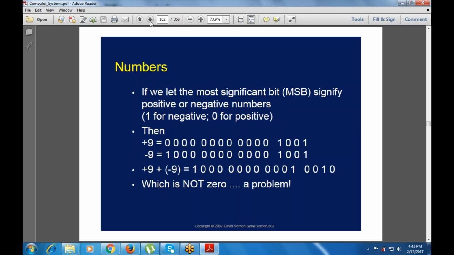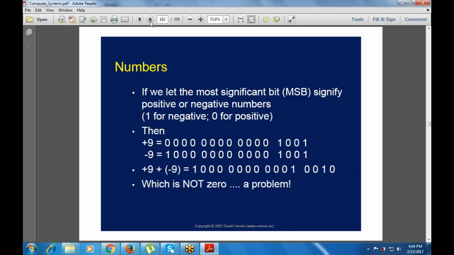Now, if we let the most significant bit signify either a positive or negative number, 1 for negative and 0 for positive, then plus 9 is 000000000000 1001, and minus 9 has 1 as the most significant bit, then 1001 at the end.